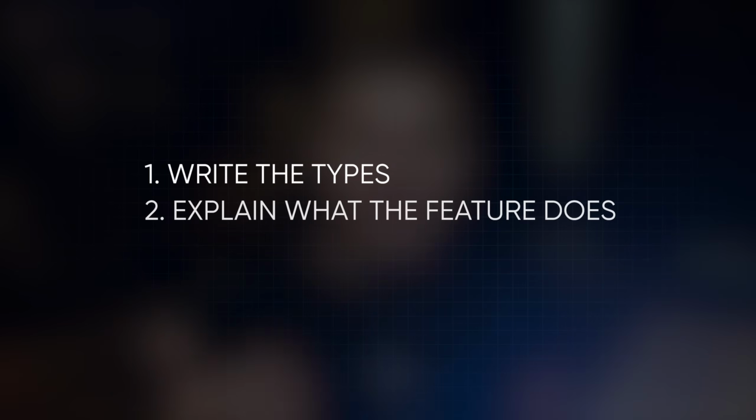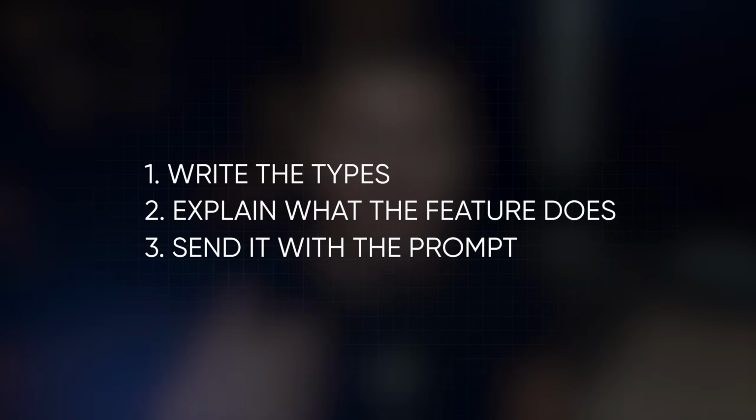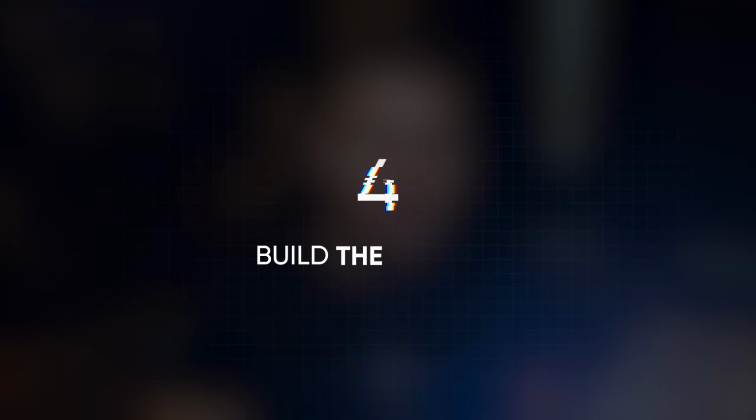There is simply no way that AI can fail if these 3 things are correct. And so in a well-architected project, often all I need to do for an agent to complete my feature is simply write the types and then explain what the feature does, send it to the prompt. It's a very minimal prompt, and then the AI literally just runs by itself until the feature is fully completed. So this is the next step, which I'm sure many of you are aware of, which is to build the feature.